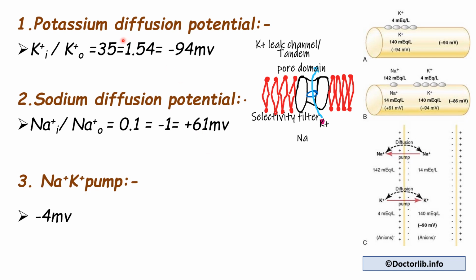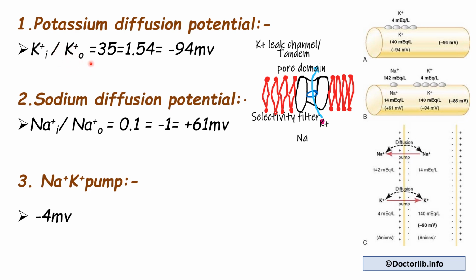Now I said that resting membrane potential is dependent upon potassium diffusion potential. We have discussed in this lecture that the Nernst potential can be derived from the electromotive force, plus or minus 61 millivolts depending upon the charge on the ion, times the log of the concentration ratio.